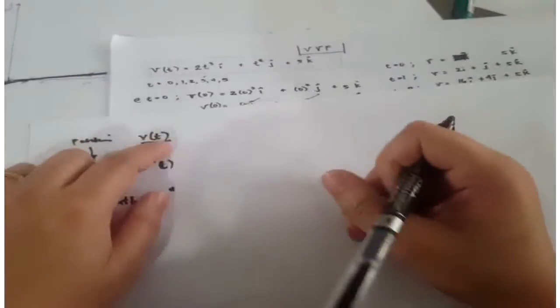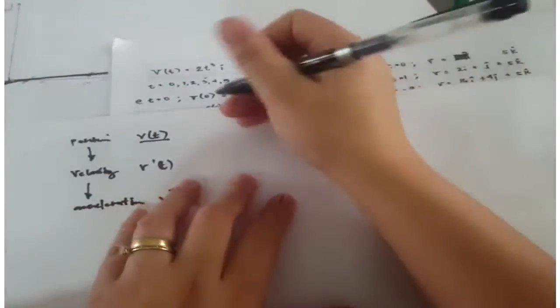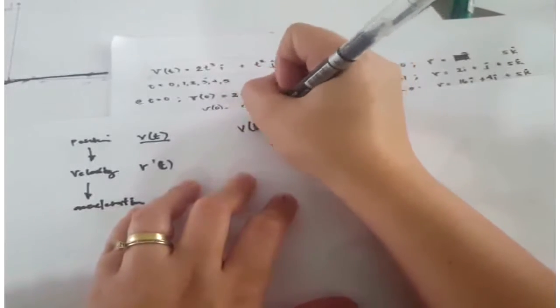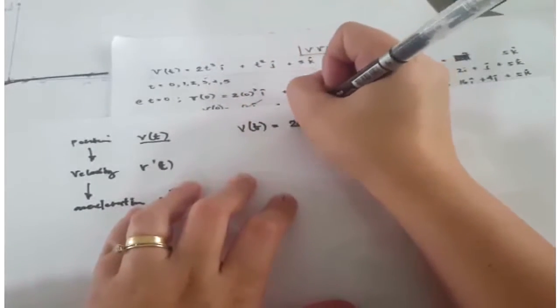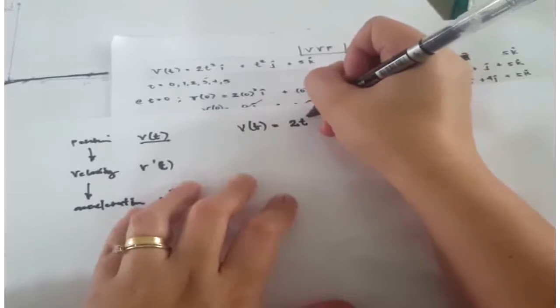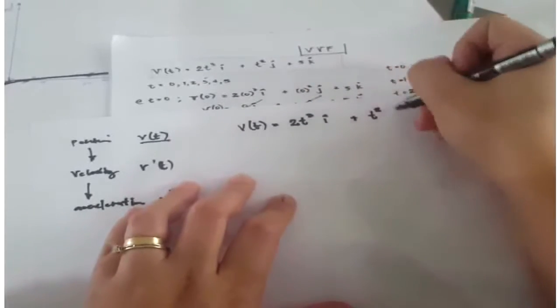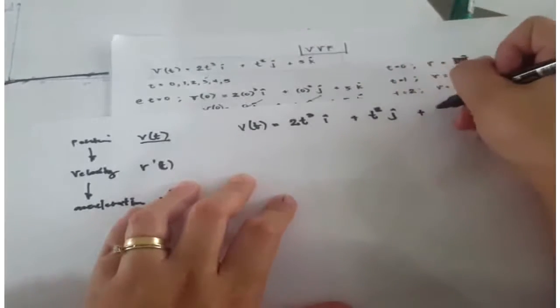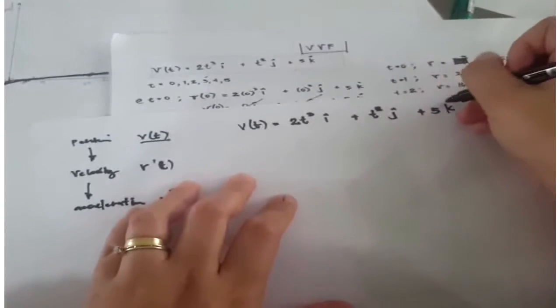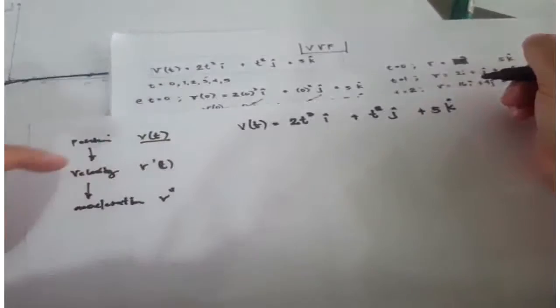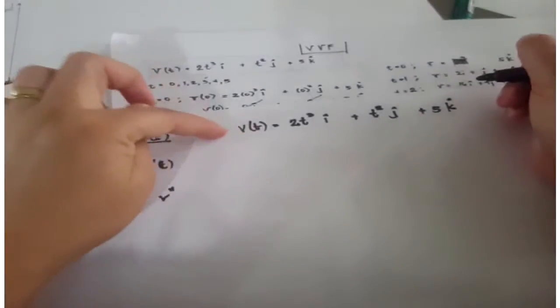let's try to solve this one based from our given position vector 2t cubed I plus t squared j plus 5k. So what would be the velocity when this is your position?